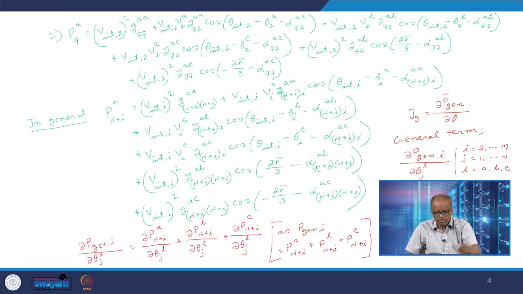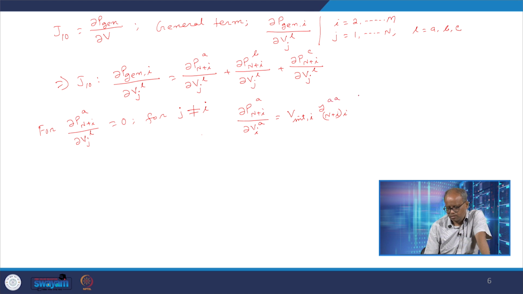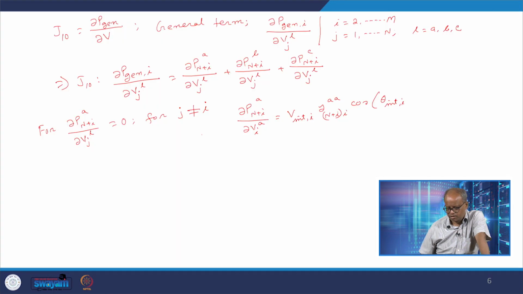So it is V internal I, Yn plus IAA cosine theta internal I minus theta IA minus alpha n plus IAA.